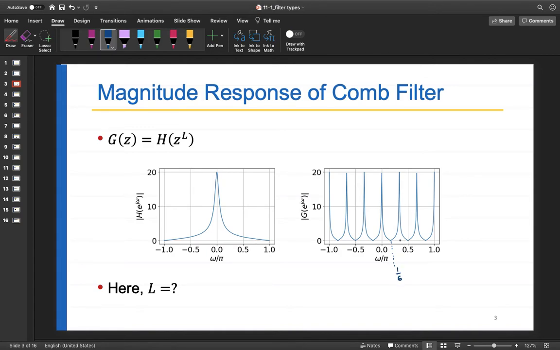And this is 2 upon 6, 3 upon 6, 4 upon 6, 5 upon 6, 6 upon 6, which is 1. So this is 1 upon 6. And what is this? It is 1 here. So 1 becomes 1 upon 6. So there's a scaling factor of 6. So L is equal to 6 here, right?